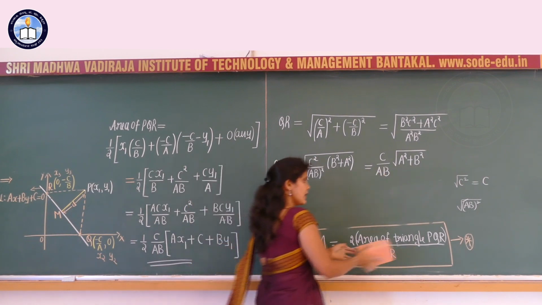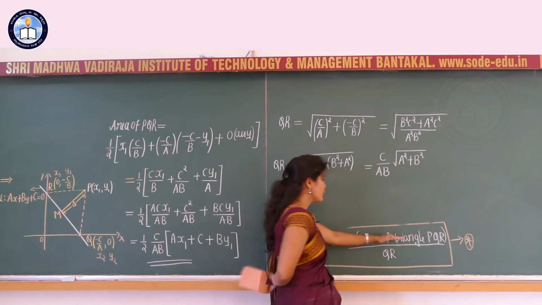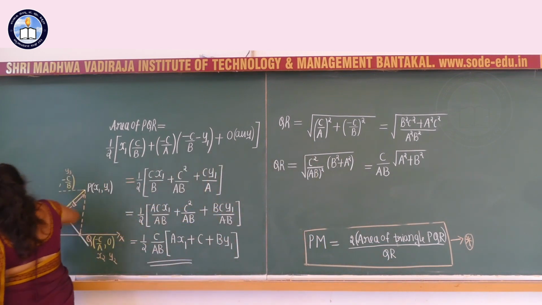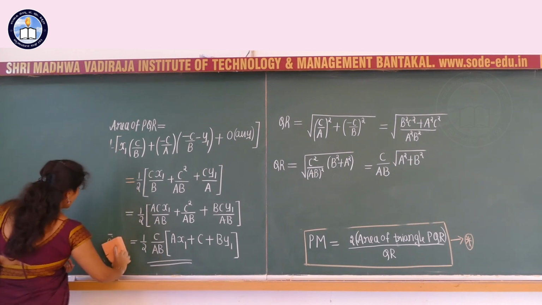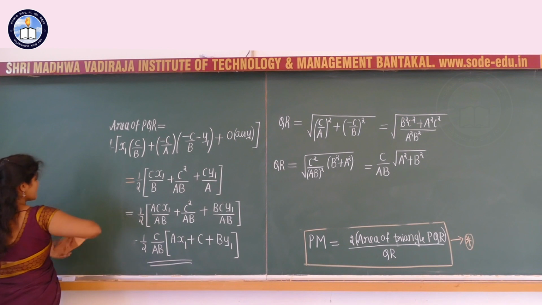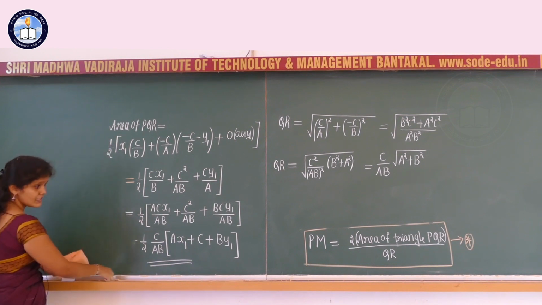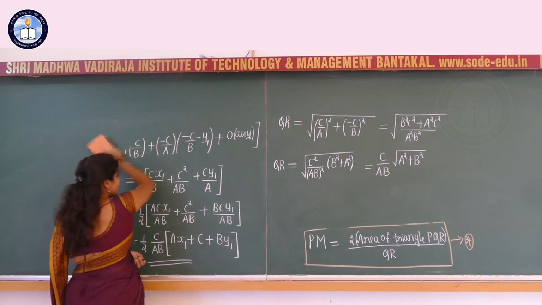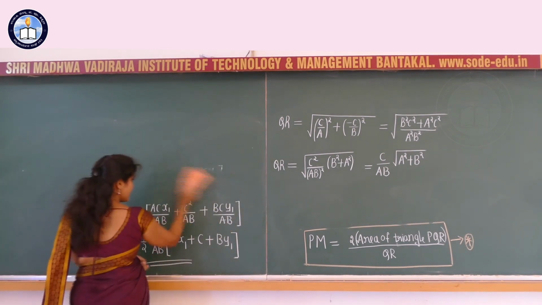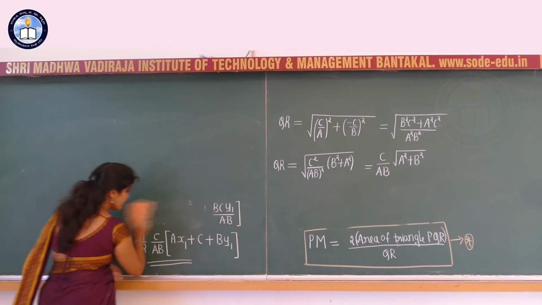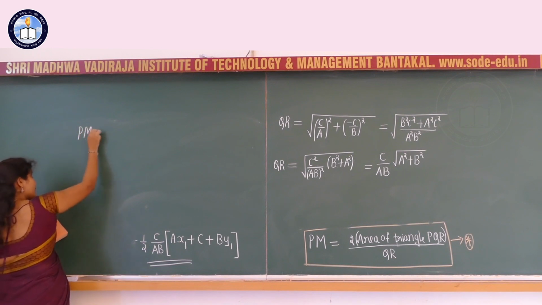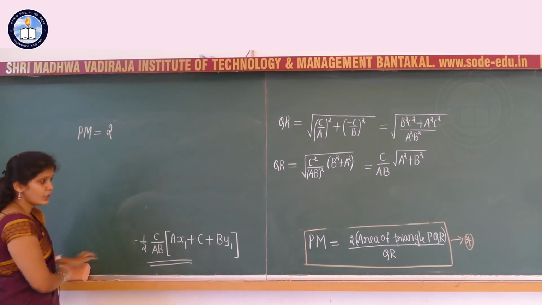As the last step, I am going to substitute the values of numerator and denominator, and that gives the length of the perpendicular. So the next step is PM, which represents the length of the perpendicular. The length of the perpendicular from the point P to the line L is given by the formula PM is equal to 2 times the area of the triangle.